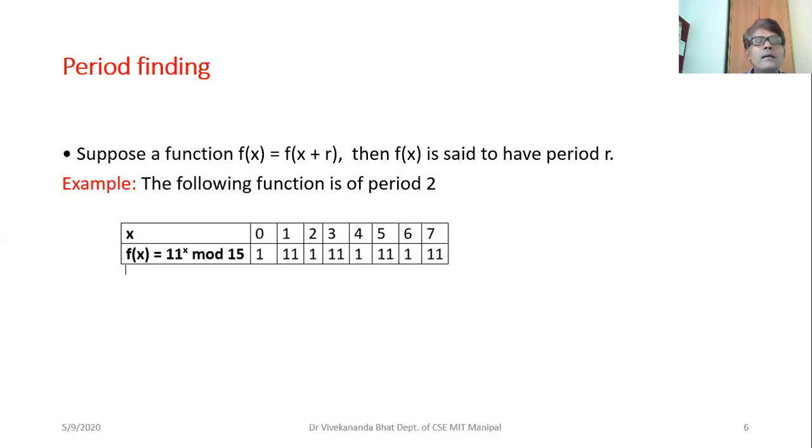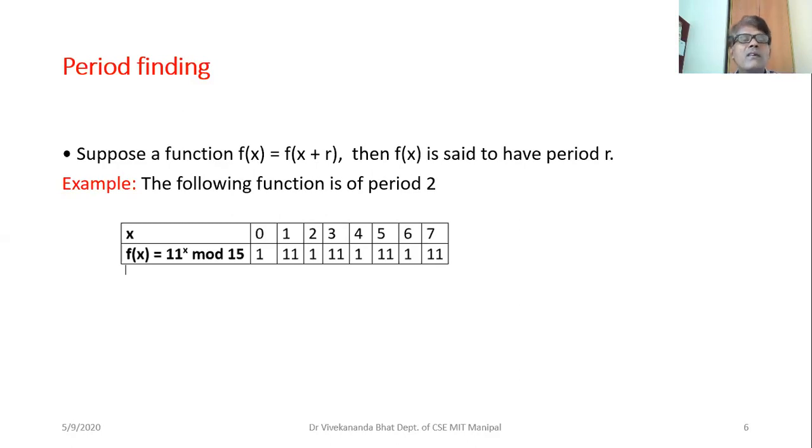For example, if you consider the following function for various values of x, f of x is equal to 11 to the power of x mod 15. When x equal to 0, you will get 1. When x equal to 1, you will get 11. When x equal to 2, again it is repeating. Therefore, here the period is 2.